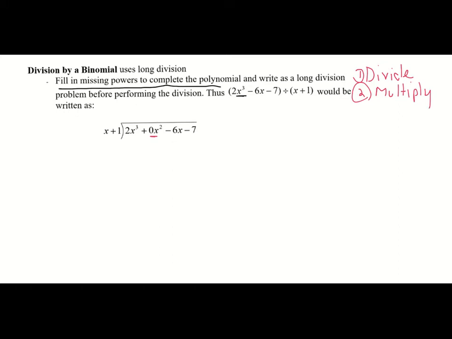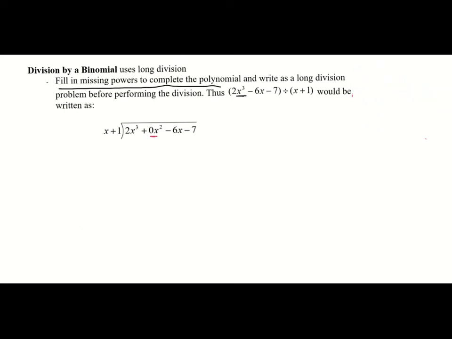Then we are going to subtract, and then step 4, if needed, bring down. And then we'll repeat it all over again if we need to. So we divide, we multiply, we subtract, and then we bring down. I'm going to erase that so I have more space. I need a lot of space with these.